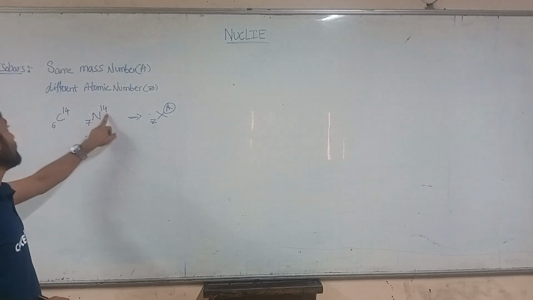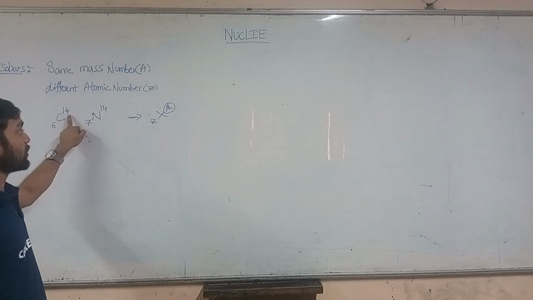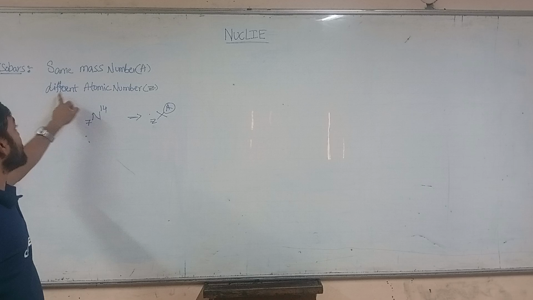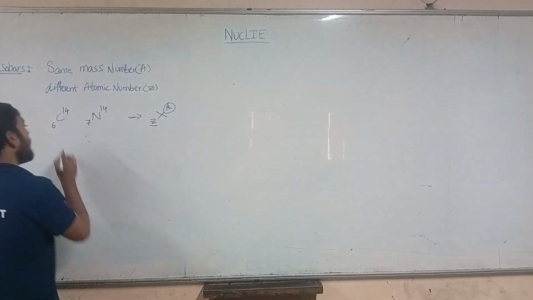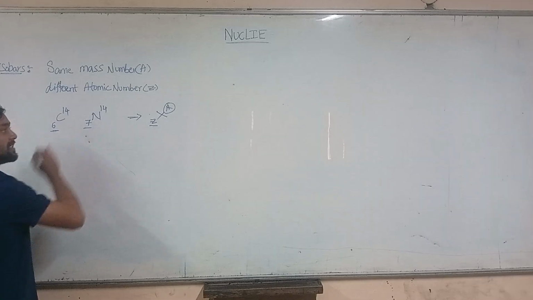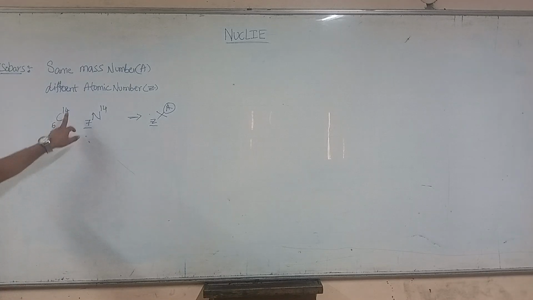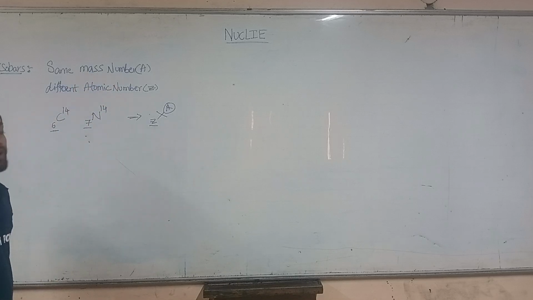That means here we have 14 and here also 14. So the mass number is the same here, and the atomic numbers are different. The atomic number Z here is 6 and here is 7. So for isobars, the atomic numbers are different but the mass number is the same. If any elements are like this, then we can tell those are isobars.